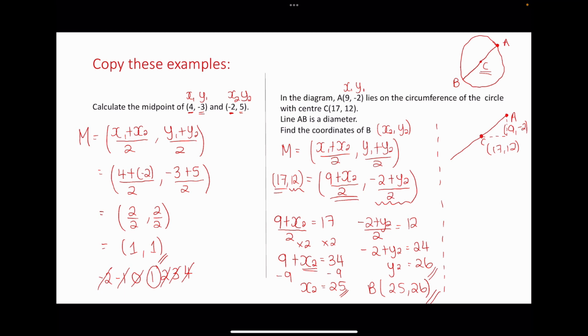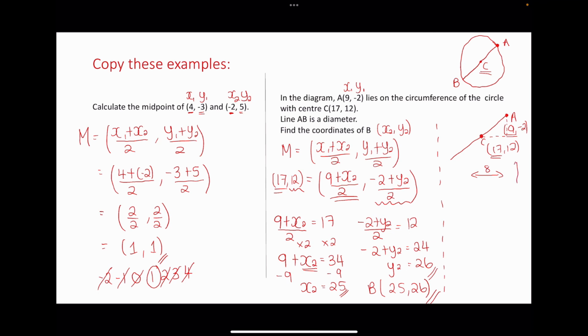So looking at the difference in our x values. If we started at 17 and ended up at 9, or started at 9 and ended up at 17, just depends on how you're looking at it. Either way, we have got a horizontal shift of 8. The gap between 17 and 9 is 8.